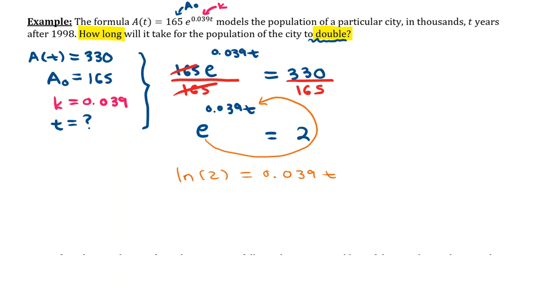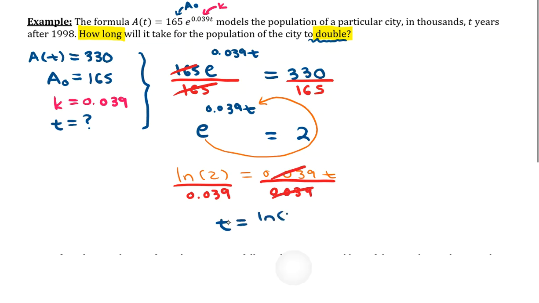And of course, what we do from here on out is divide each side by 0.039, and that isolates our variable t. So I'll write it this way: t equals the natural log of 2 all over 0.039.